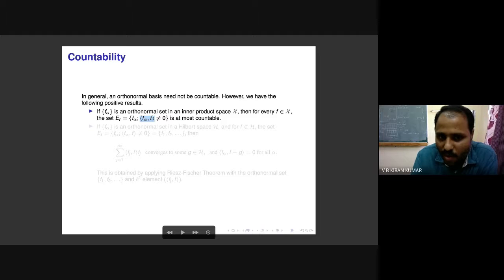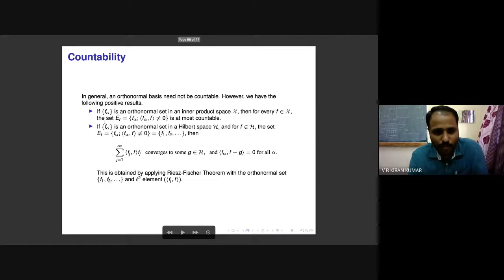So this is non-zero for at most countably many alpha. Even though the set F alpha is uncountable, there are only countably many things which we are going to use.